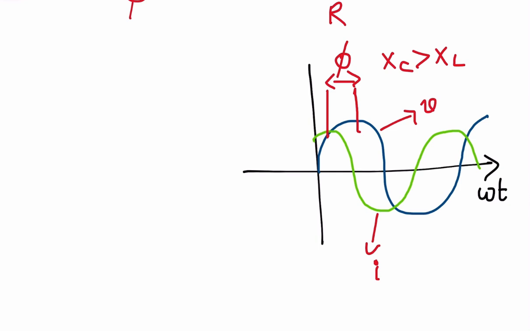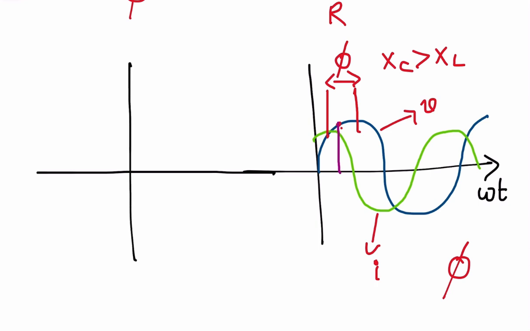Now let us go for our phasor diagram. As I told you, take any point of your choice. So here I am taking it, draw straight lines like this, and wherever it touches the voltage axis, from there you draw one straight line, and where it touches the current, from there you draw another line.